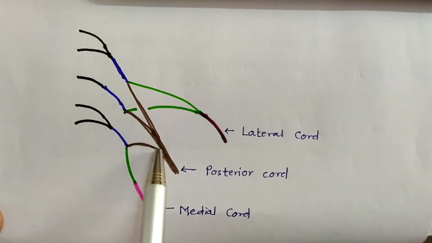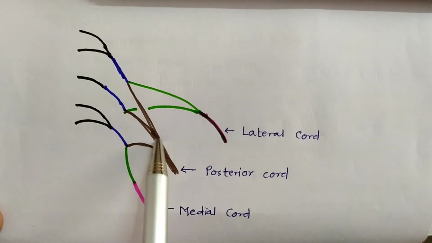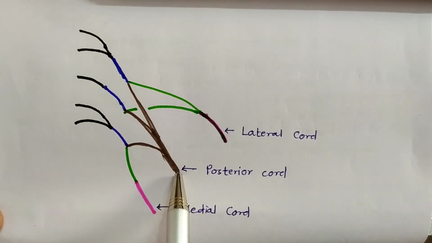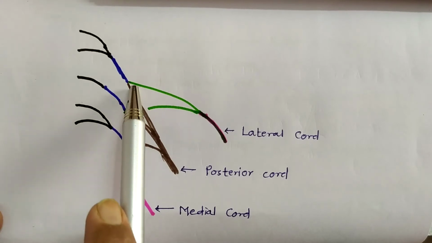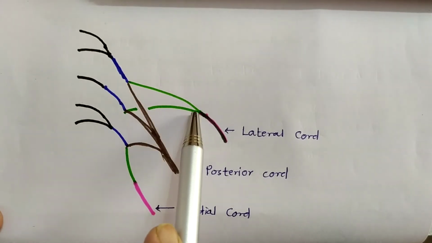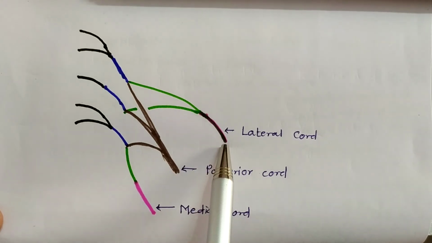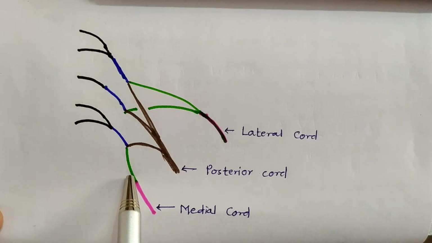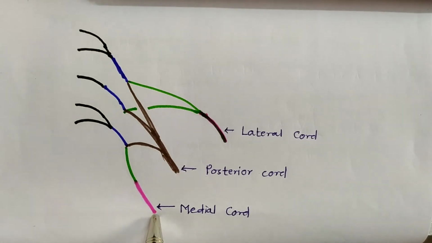The dorsal divisions of all the three trunks join to form posterior cord, while the ventral division of upper trunk and middle trunk join to form lateral cord, while the ventral division of lower trunk continues as medial cord. So there are three cords: lateral cord, posterior cord and medial cord.